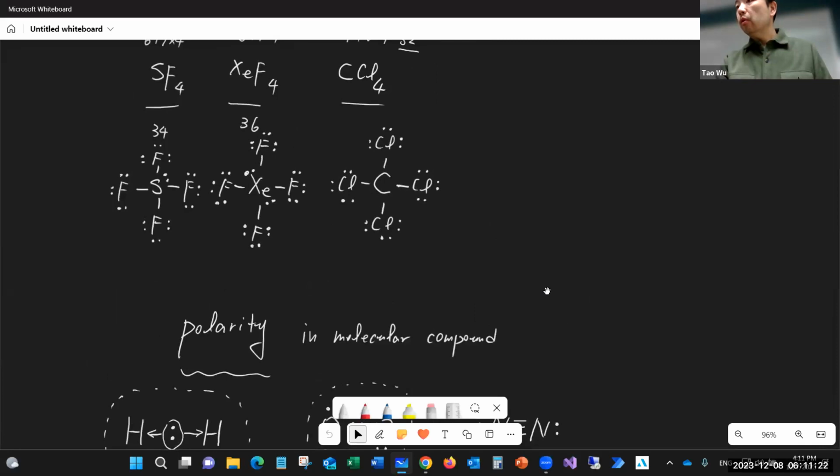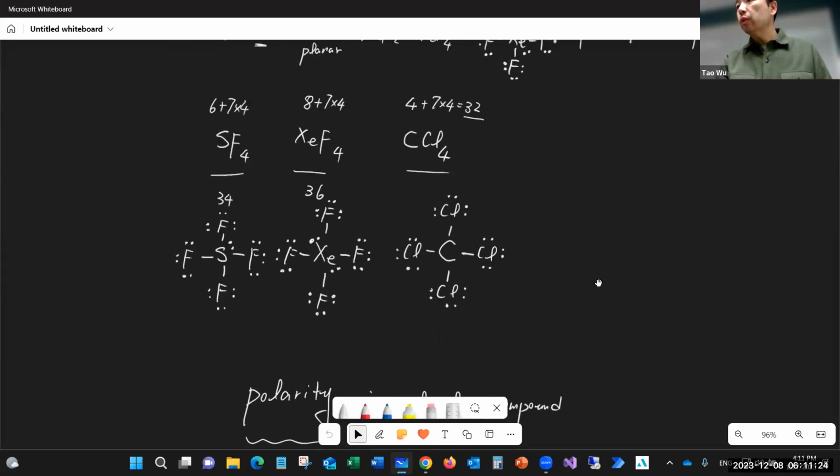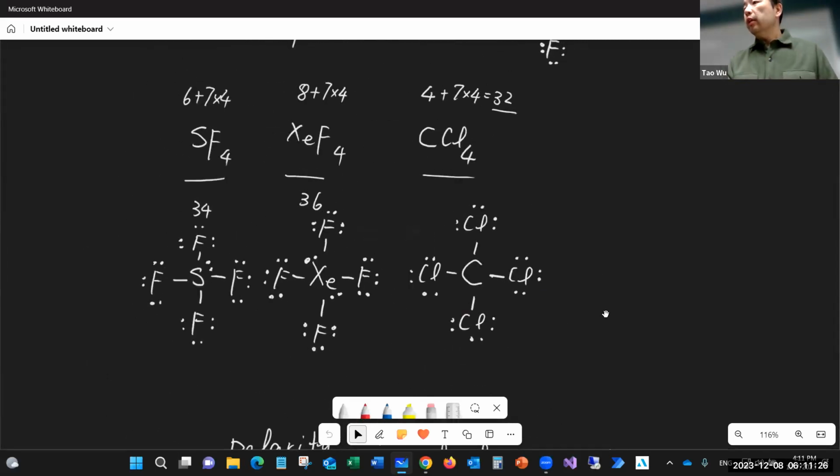Okay, one more thing I need to mention. If you're trying to determine the geometry of a molecule, it's not just looking at the formulas.